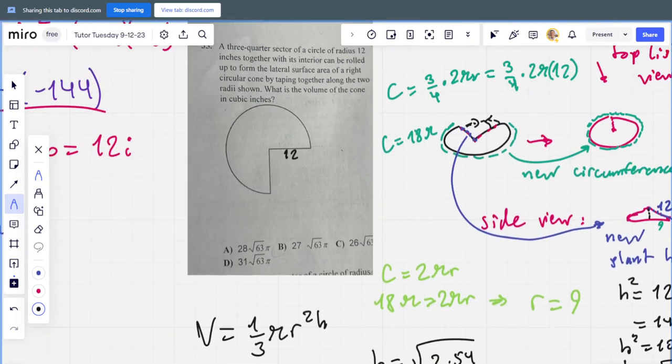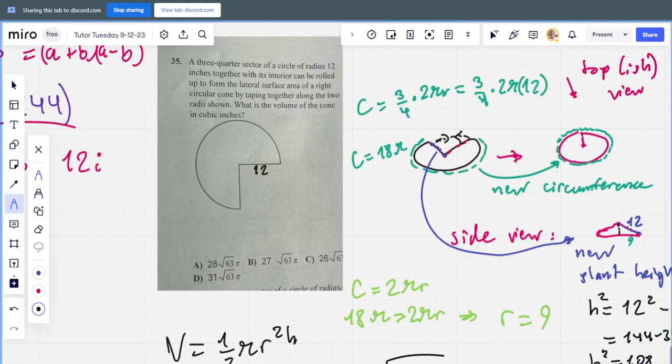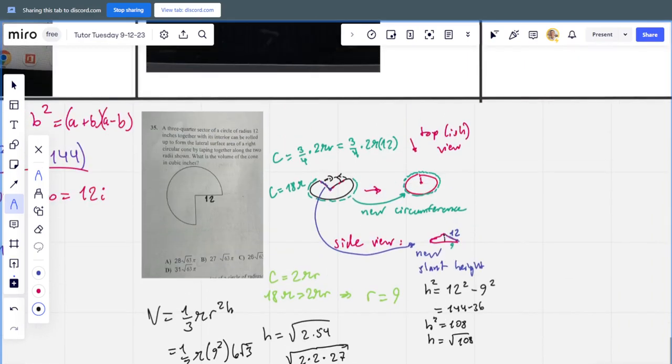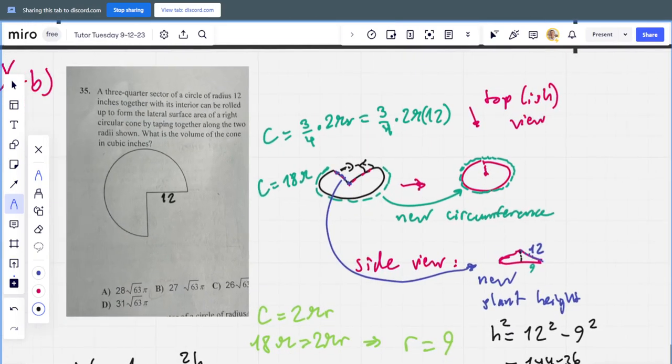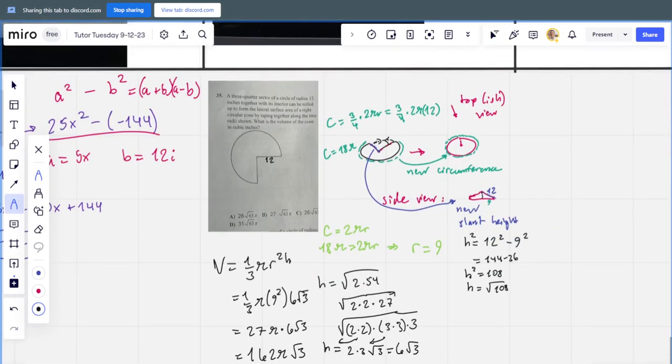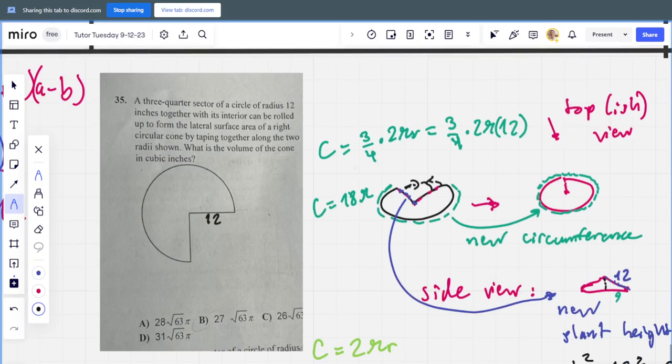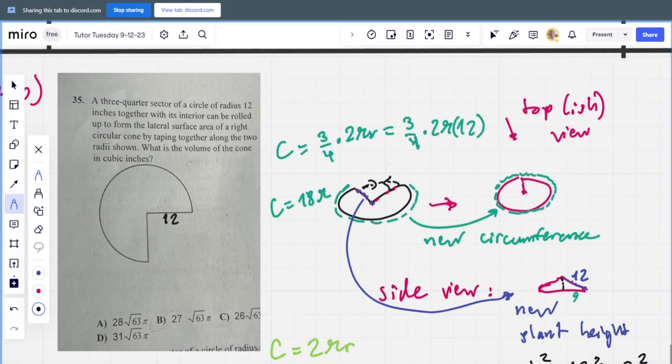Don't think that matches with any of the answer choices here, which is interesting. So maybe we made a small math mistake somewhere. You guys see any errors here? Let's check circumference with 3/4 times 2 pi r. 3/4 times 24 pi.